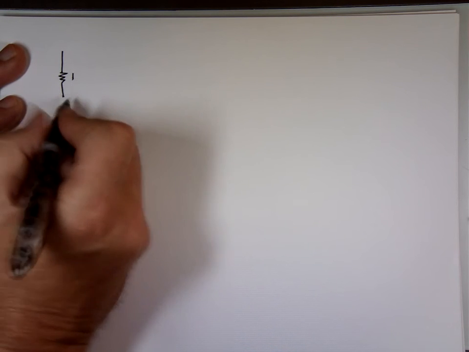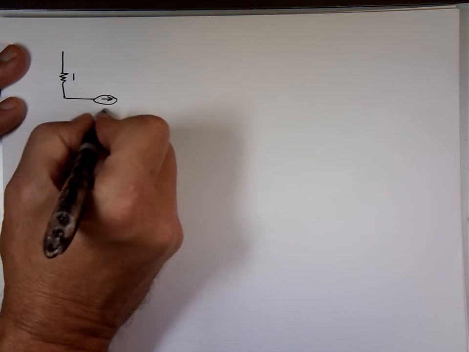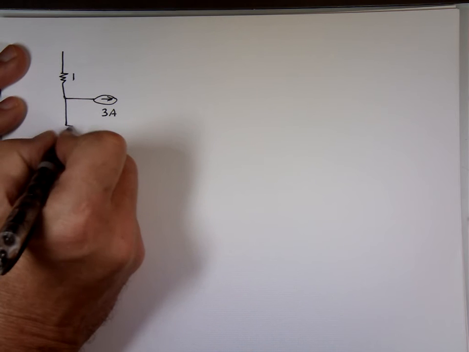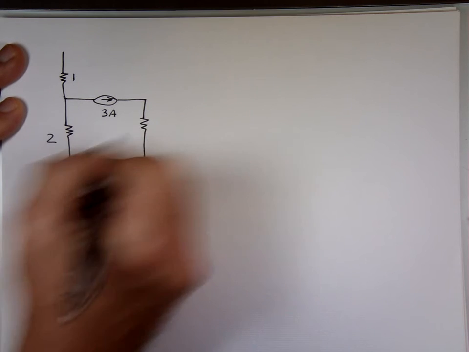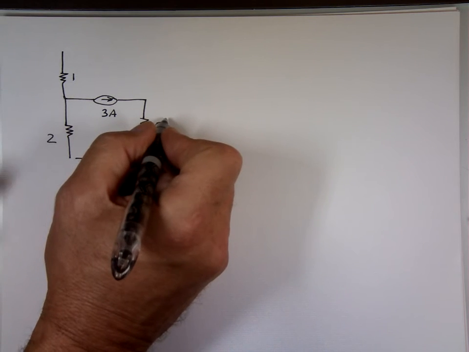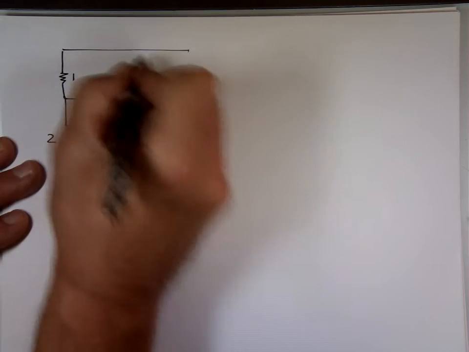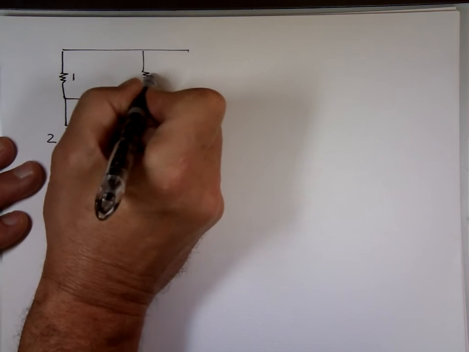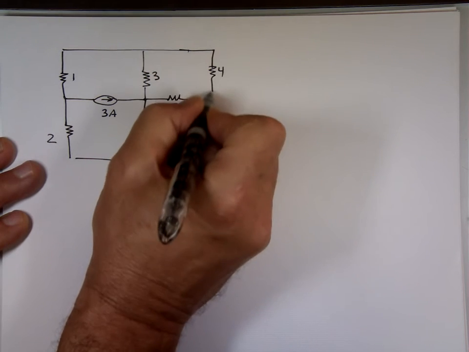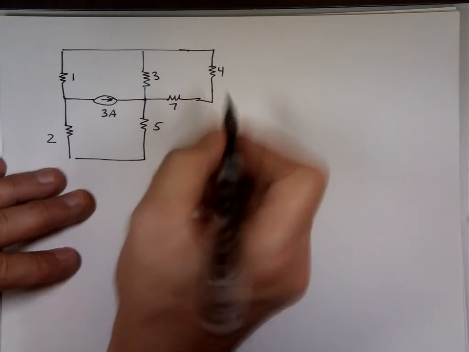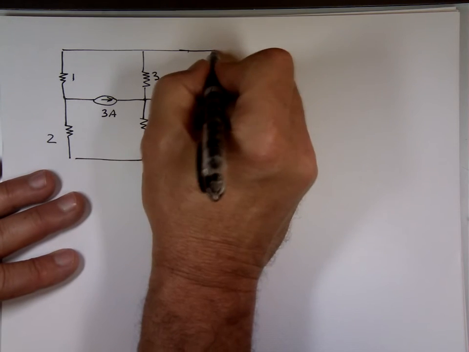One, three amps, 2, 5, 7, 3, 4, 6, and the current source right here.